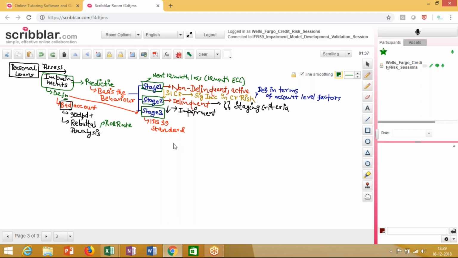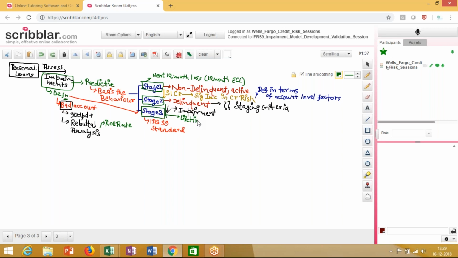Okay, so as I was saying, for stage 2 and stage 3, what we need to do is develop lifetime ECL. Now the question that comes up is, how do we model these? What are the kinds of modeling methods for this?